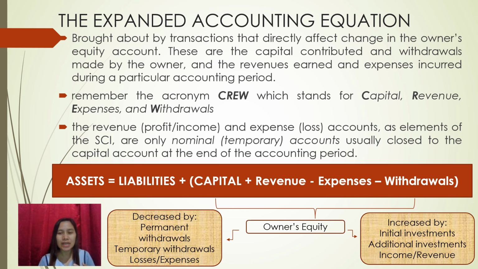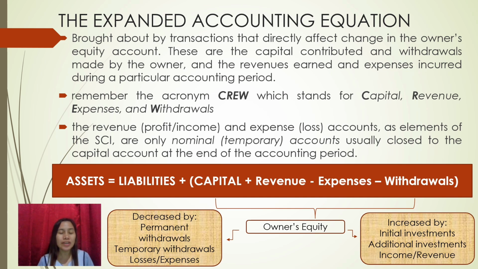But then remember, do not be confused that these revenues and expenses are only nominal accounts which should be closed to the capital account at the end of the accounting period. But for emphasis, in order for you to know these accounts that directly affect the owner's equity, we have to learn this so-called expanded accounting equation.